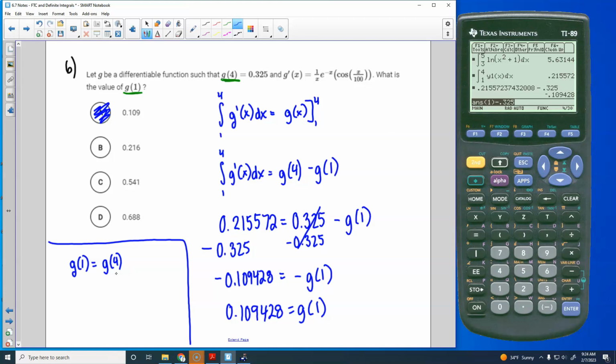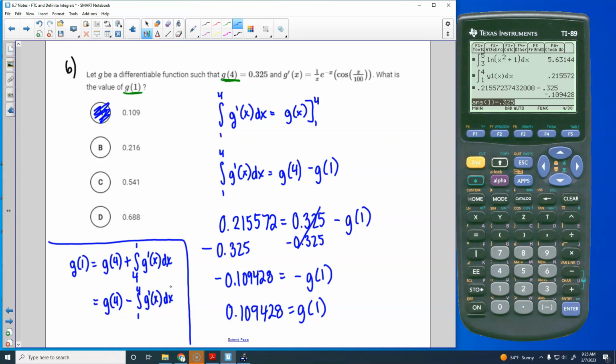So if I want to write an integral here, how would I write this so it would give me g of 1? Okay, I could add the integral not from 1 to 4. You would have to do 4 back to 1 of g prime of x dx. Or, the other way to think about that is you could subtract the integral from 1 to 4 of g prime of x dx.